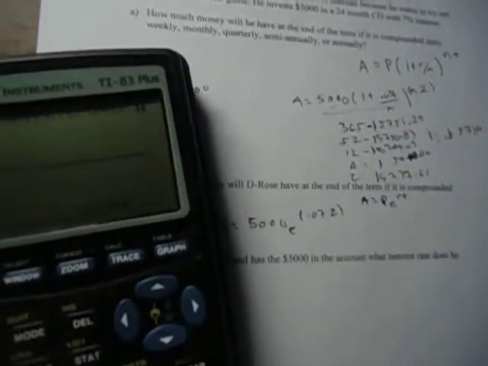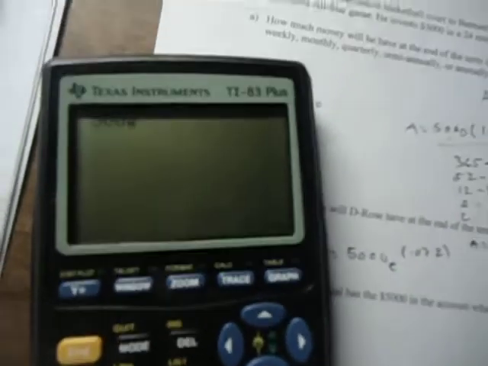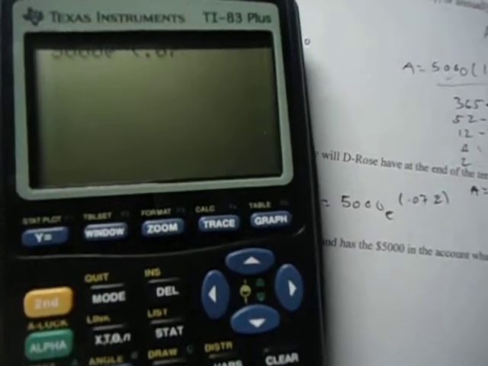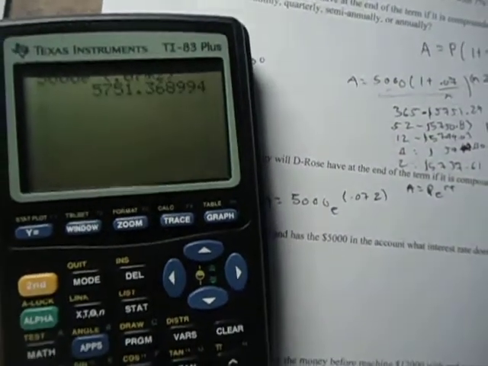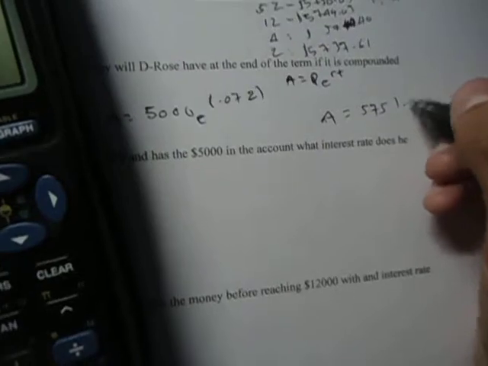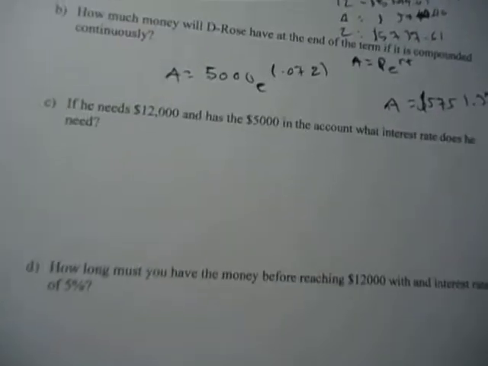We just plug this into our calculator: 5,000e^(0.07 × 2), and that gives us A is equal to $5,751.37. And that's part B. And now part C. Oh, that's part D.